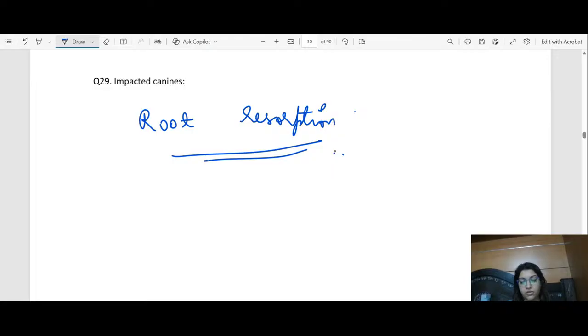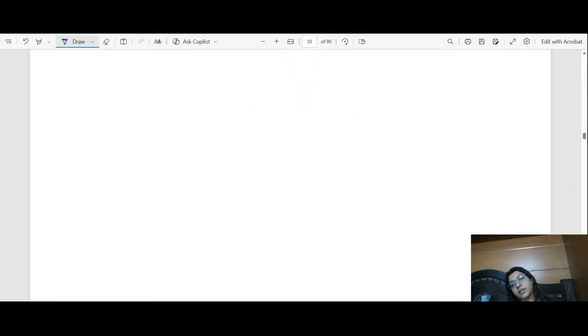It is the same for maxillary or mandibular canine. There will be root resorption of mostly the lateral incisor by the impacted canine. Why? Due to the pressure from the impacted canine which is trying to erupt. That is why it is crucial to sometimes remove the impacted canines.